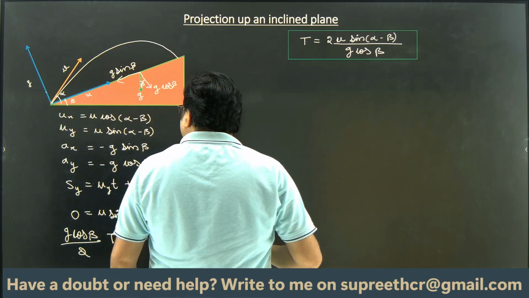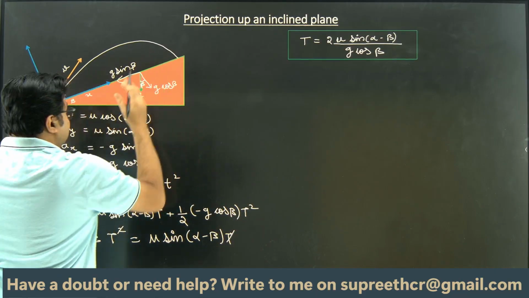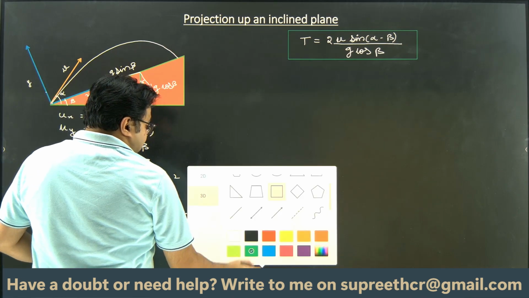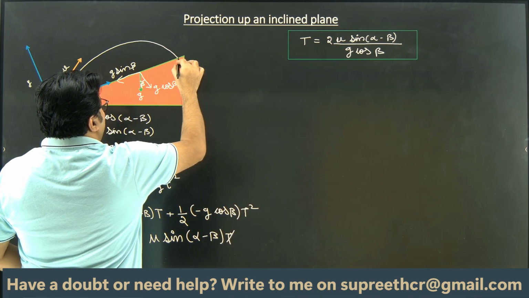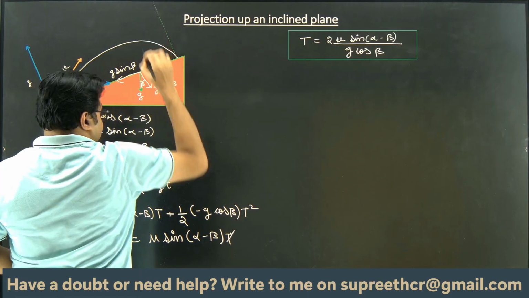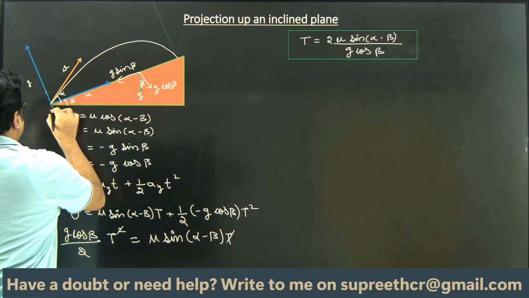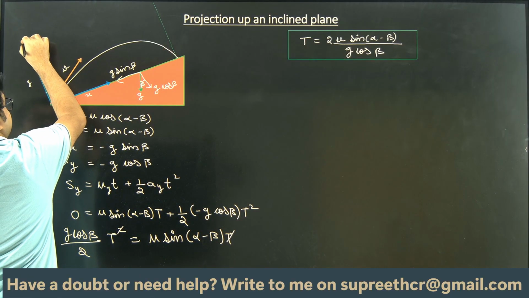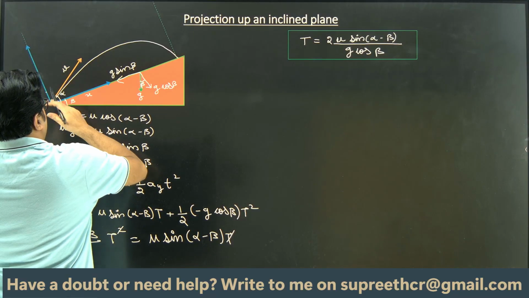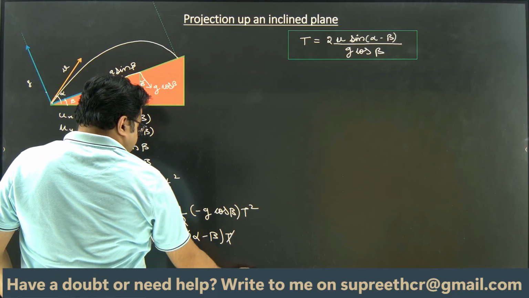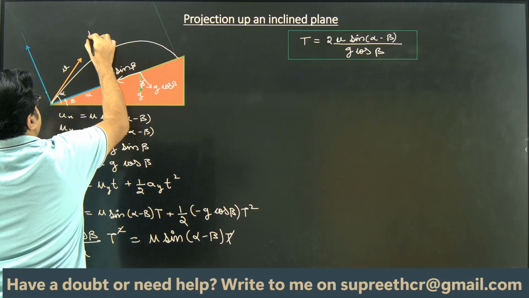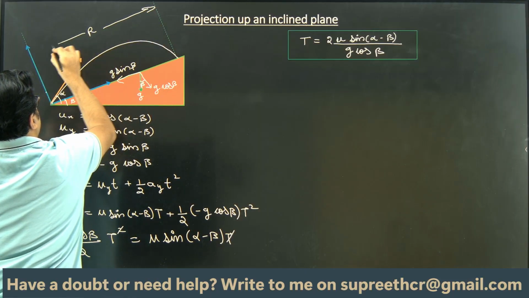Having said that, we will discuss how to calculate the range now. It's a very important thing to note that range essentially is being measured along the inclined plane. So if you think about it, this is what is called range.